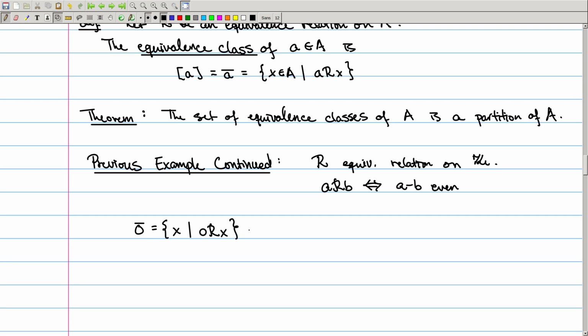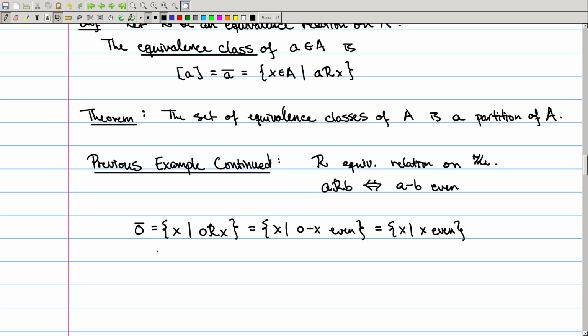Let's unpack this a little bit. This is the set of all x such that 0 minus x is even. Well, the only way for 0 minus x to be even is if x is even, right? So this is the set of all x such that x is even.